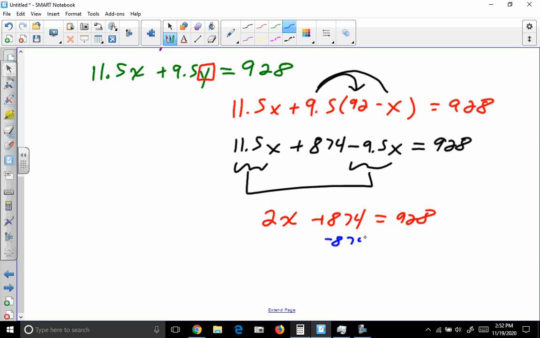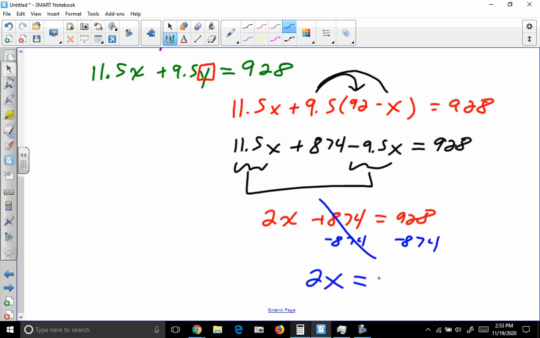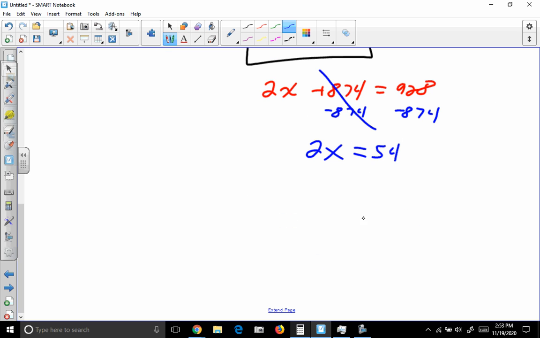So we'll take away 874 on both sides so that 874 minus 874 cancels. That'll leave us 928 minus 874, which is 54. Divide both sides by 2, and we would get that x is 27.